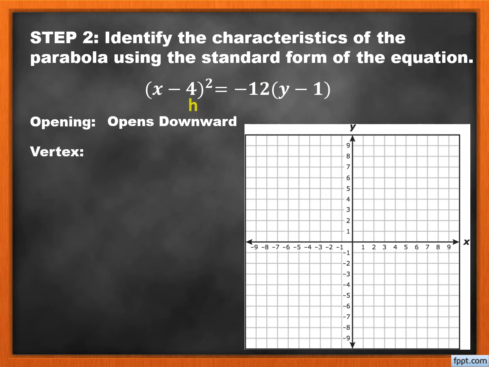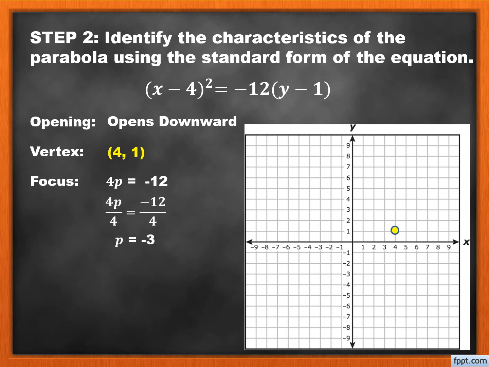For the vertex, or the values of h and k, we have (4, 1). In our Cartesian coordinate plane, this is our vertex. For the focus, we use this number and equate it to 4p. 4p equals negative 12. Divide both sides by 4.